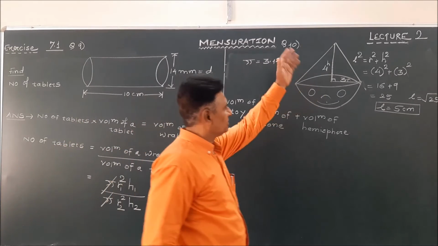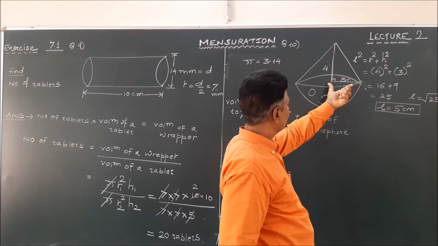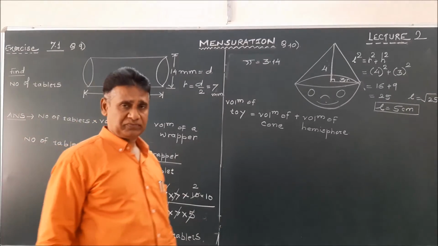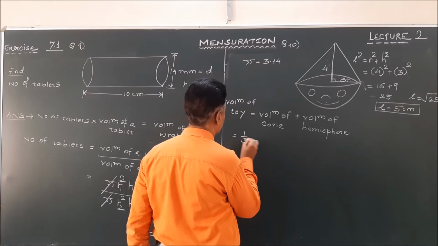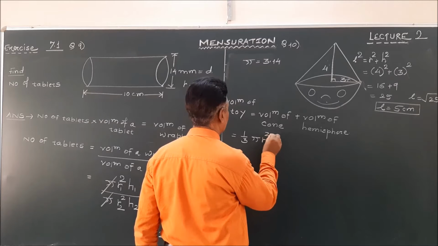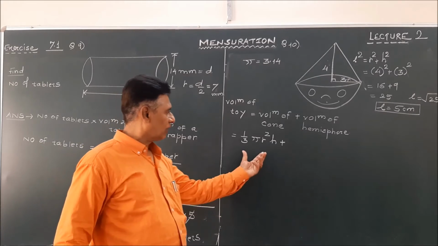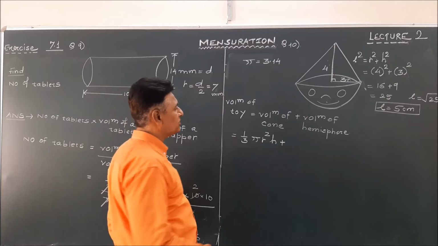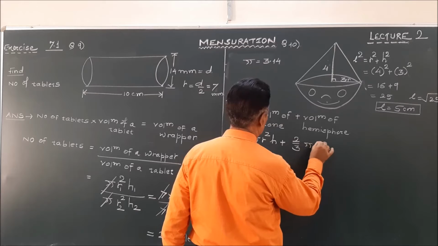This is the height of the cone, this is the radius. Volume of cone is 1 upon 3 pi r square h. Try to understand 1 upon 3 pi r square h, that is the volume of a cone. Hemisphere is 2/3 pi r cube.